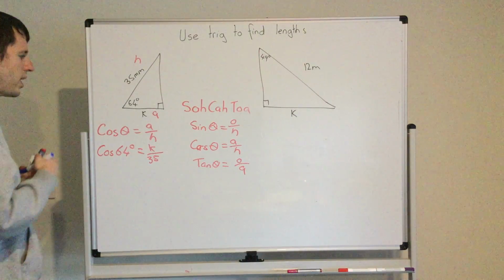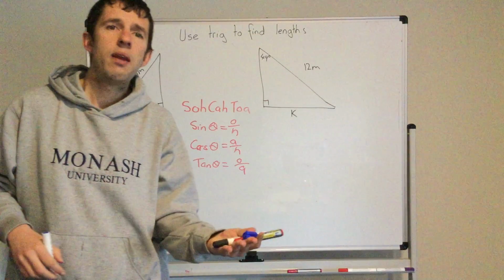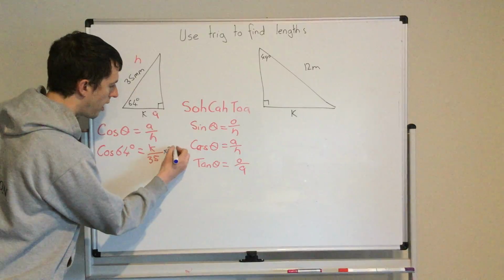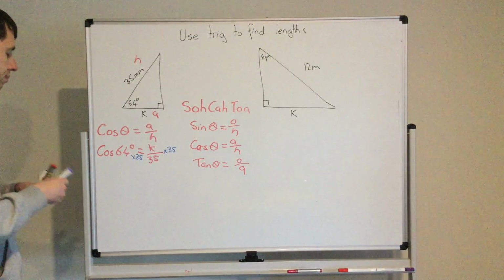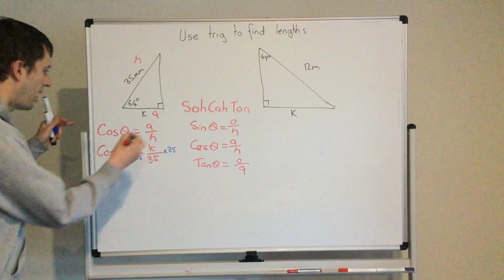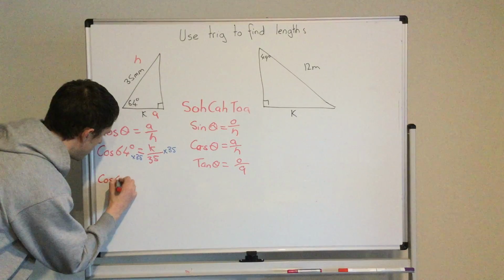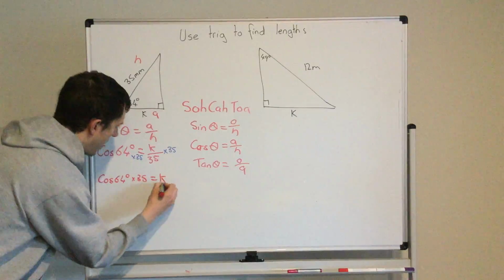So to do that, we need to get rid of 35 on this side. The opposite of divide by 35 is times by 35. So I'm going to times both sides by 35. And then that will tell me that I've got cos 64 degrees times 35 equals K.